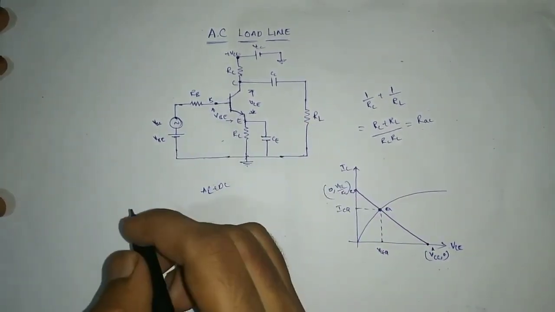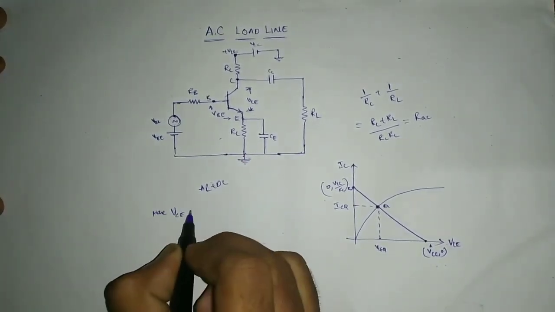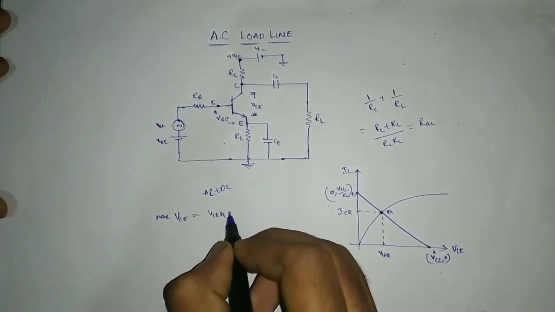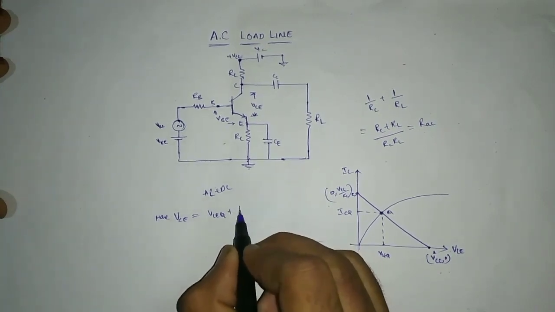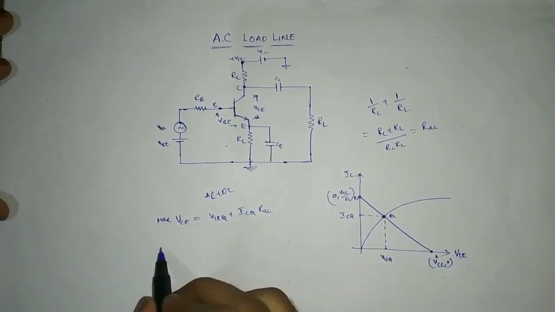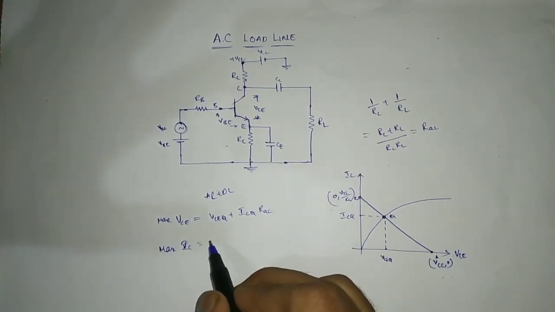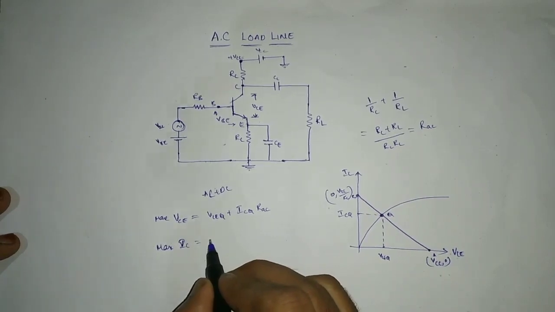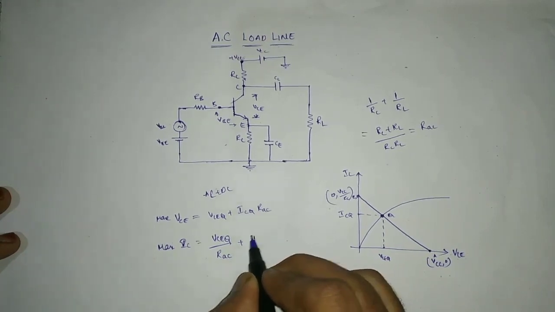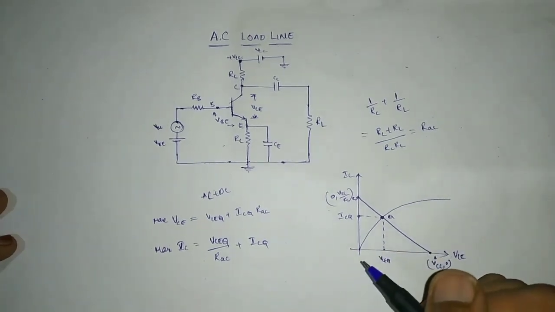So we can get the maximum VCE as VCEQ plus ICQ into RAC, and maximum IC is equal to ICQ plus VCEQ by RAC.